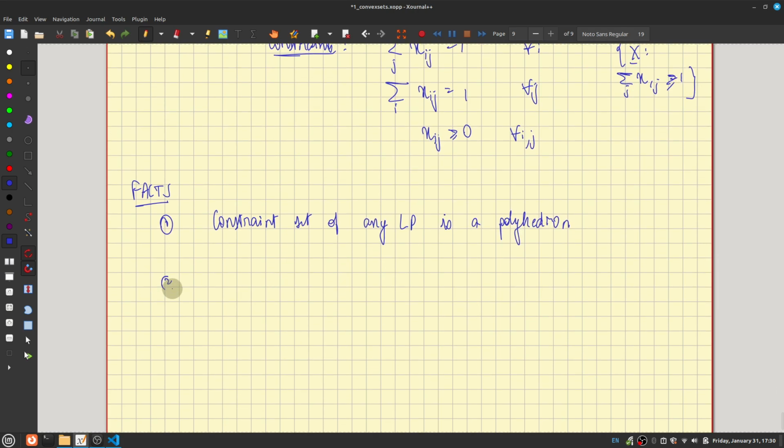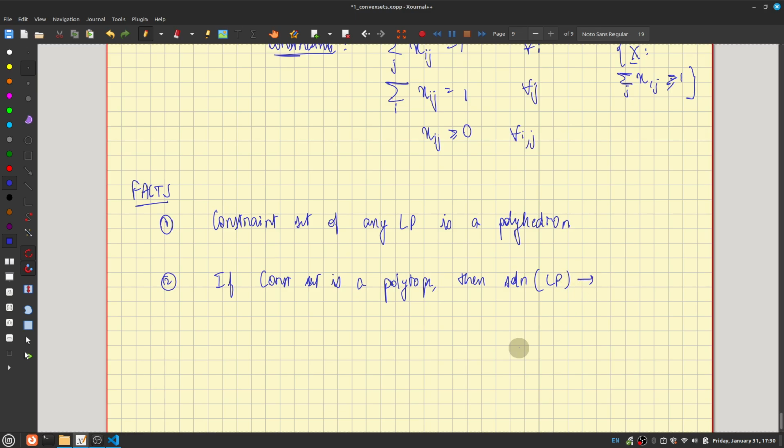The second fact is that if the constraint set is a polytope, then the solution of the linear program can be chosen to be a vertex of the polytope.